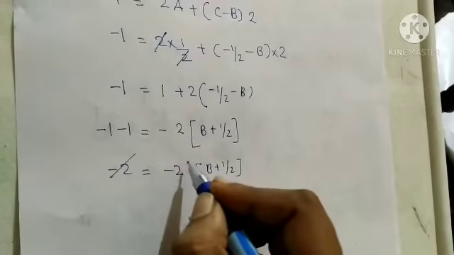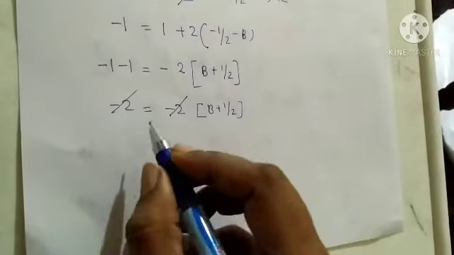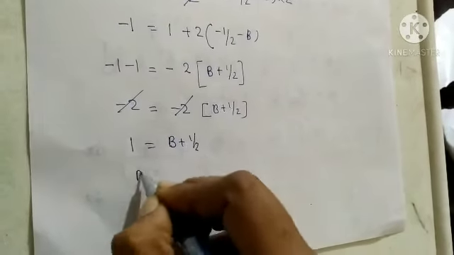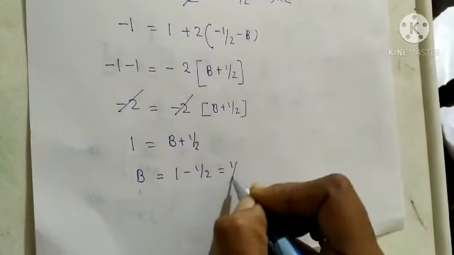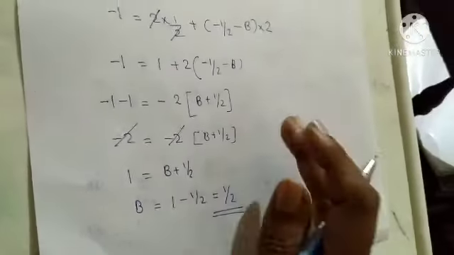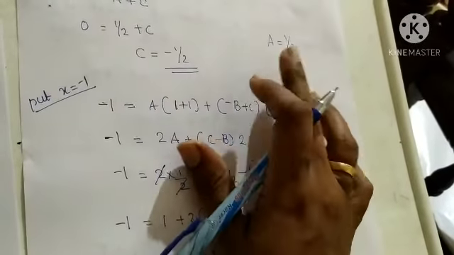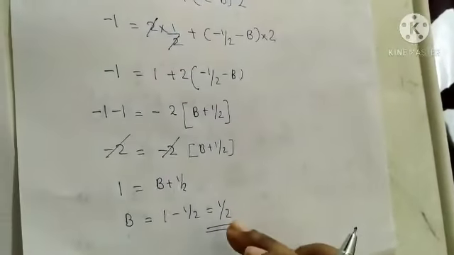So cancelling this minus 2, here we get 1 equal to b plus 1 by 2. From this we get b equal to 1 minus 1 by 2, that is half. Okay, from now we have all the constant values, that is a equal to 1 by 2, c equal to minus 1 by 2 and b equal to 1 by 2.